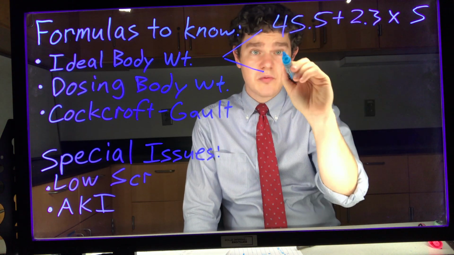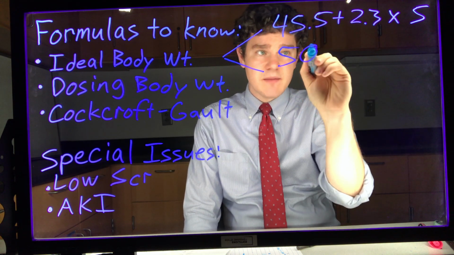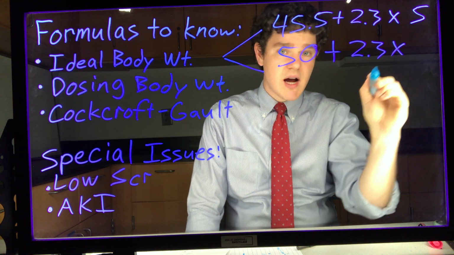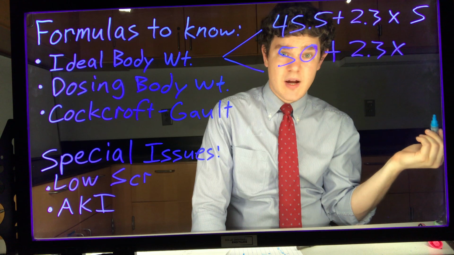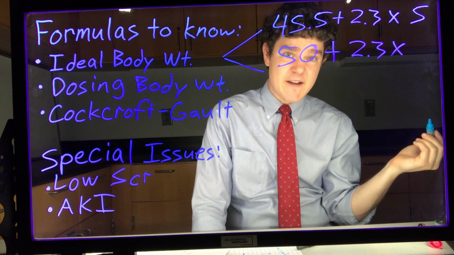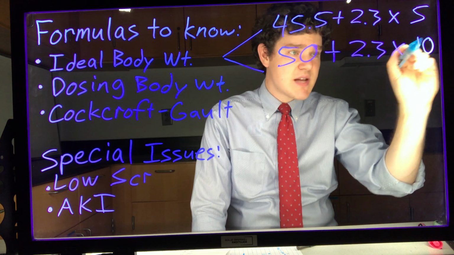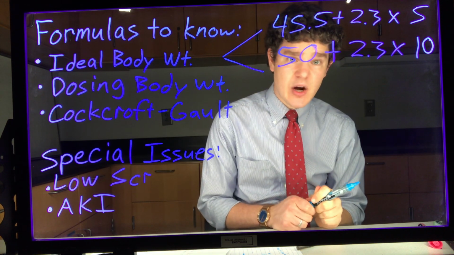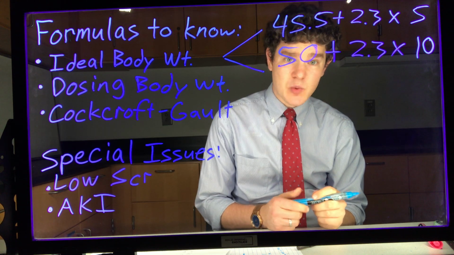Contrast that with the male patient, it's going to be 50 plus 2.3, again, times my number of inches over 5 feet. So if I have a male patient that is 5'10", it's going to be times 10 inches. And then that will help me calculate the patient's ideal body weight.